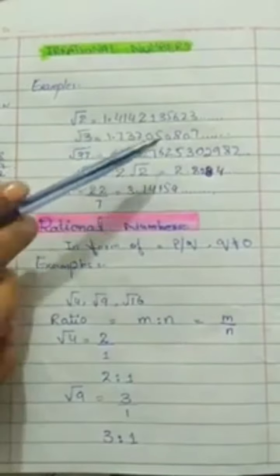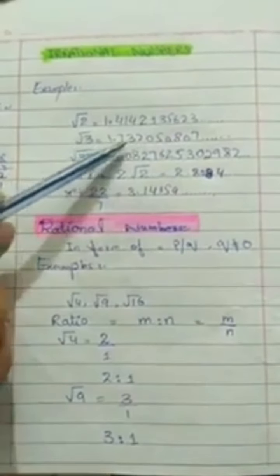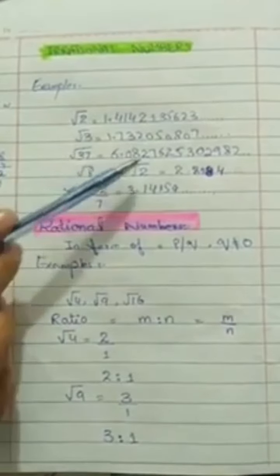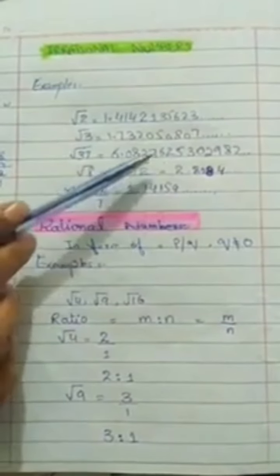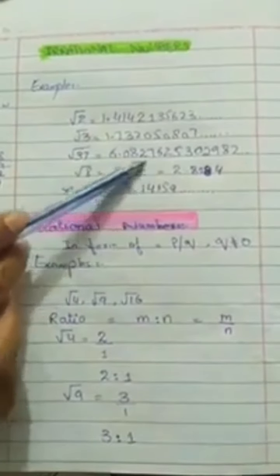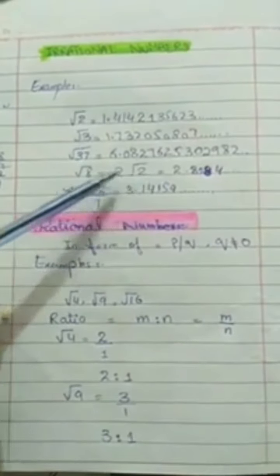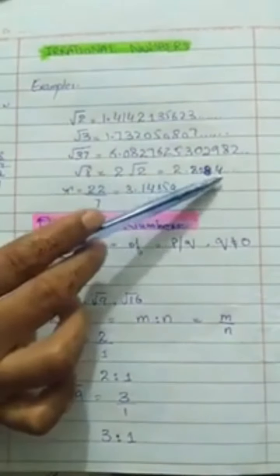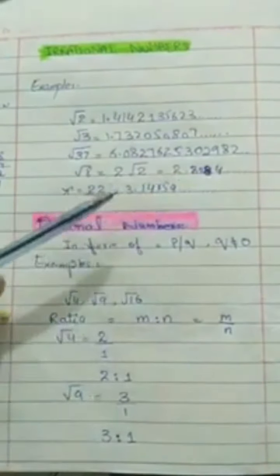This is also an infinite value and not written in the form p by q. Under root 37 is also infinite and not written in the form p by q. Under root 8 equals 2 under root 2. We take under root 2 and multiply it by 2. The value is 2.828 and so on. It is also an infinite value and not written in the form p by q.